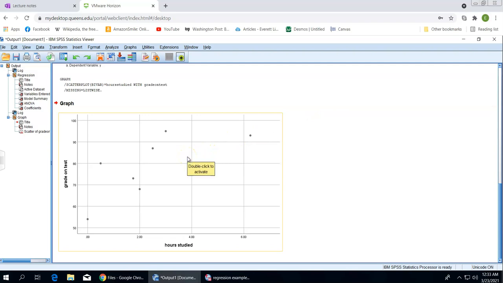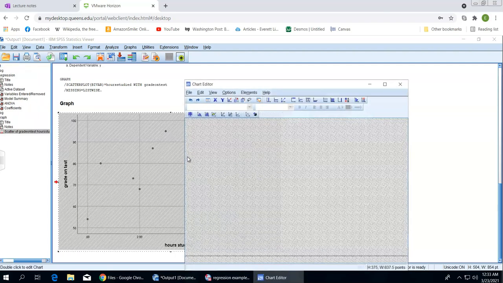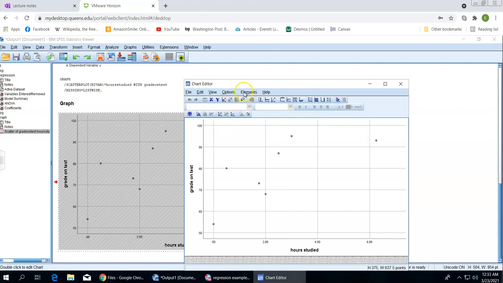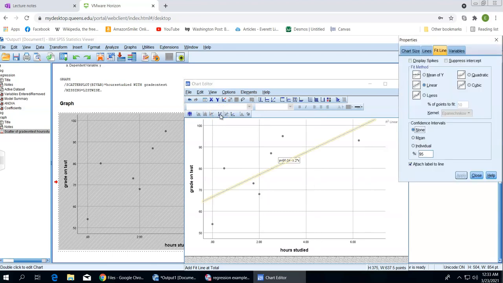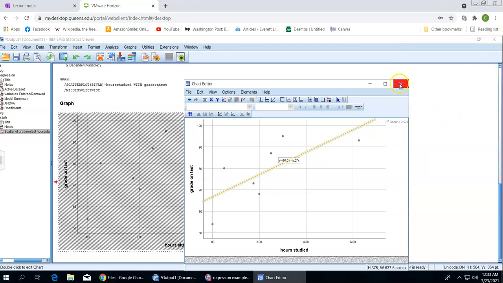There's not a way to get it under options in the dialog box, so we have to double click on this and get this to come up. And then if we click Add Fit Line, it will put our regression equation on there. So that's this little box right here where you see the line that looks like it's fitting the data.